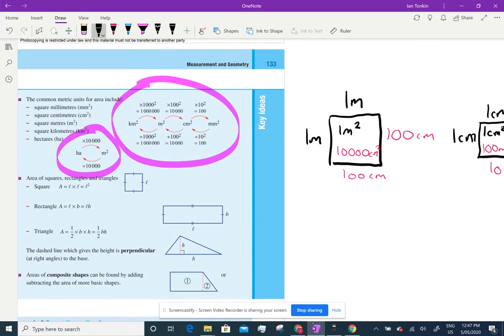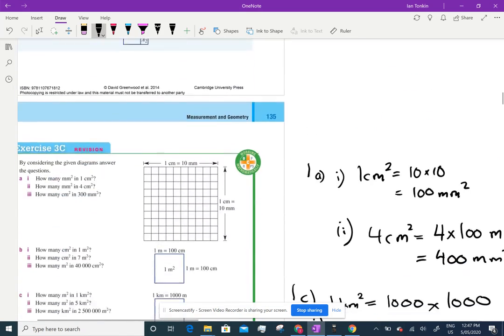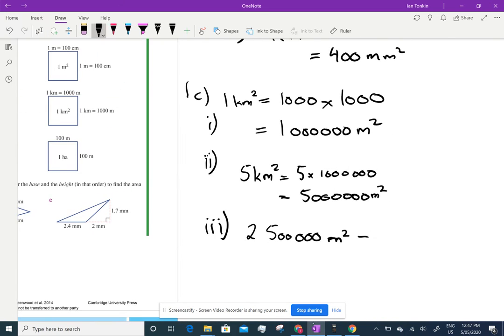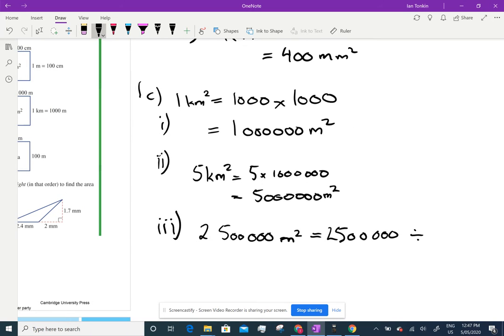To go the other way, I'm going to divide to get metres squared into kilometres squared. So I've got 2,500,000 metres squared. And if I'm going to convert that, I have to divide by 1,000,000.